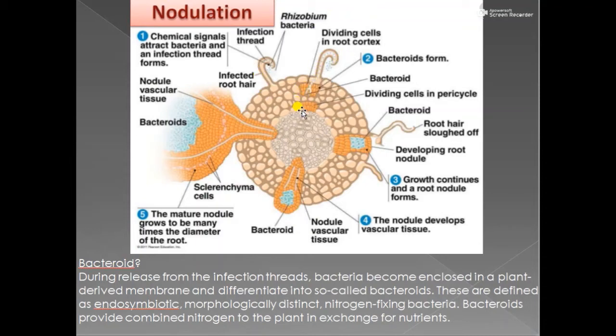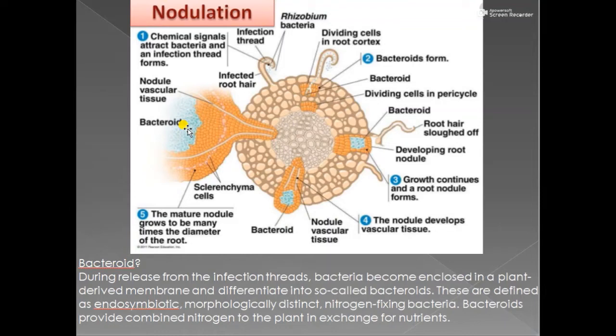The infection thread reaches the pericycle and the surrounding root cells start rapidly multiplying. Further on, the root hair gets sloughed off and growth still continues. The bacteroid remains there, but the adjoining cells again multiply and the root nodule extends outside of the root, and you can see it as a projection.